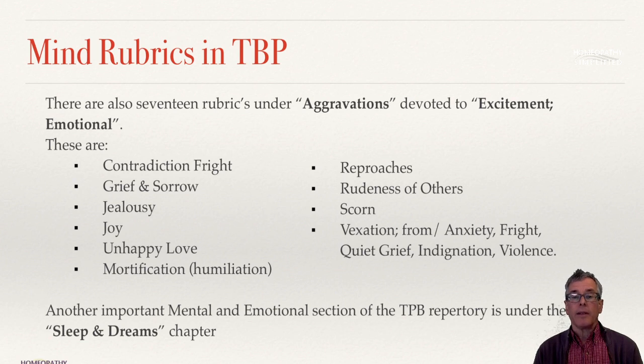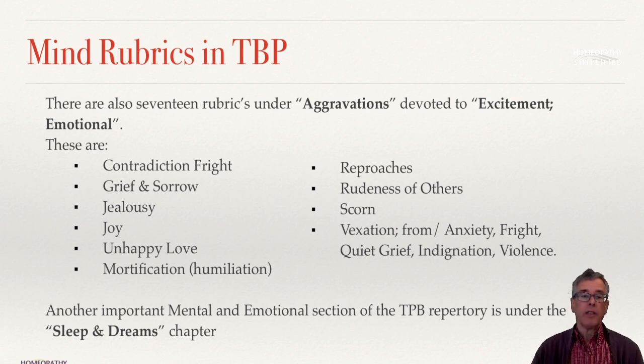So these are essentially aggravation, emotional, from the rudeness of others, from scorn, being scorned essentially. And then vexation, upset, from anxiety, fright, quiet grief, indignation, and violence. So all very important emotional states that we can use.